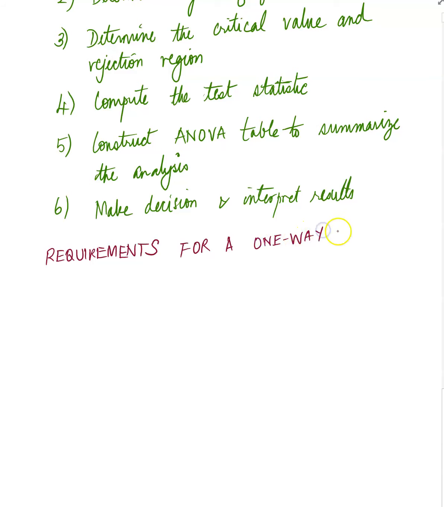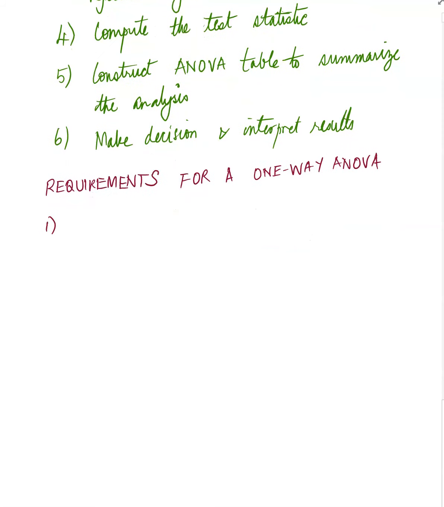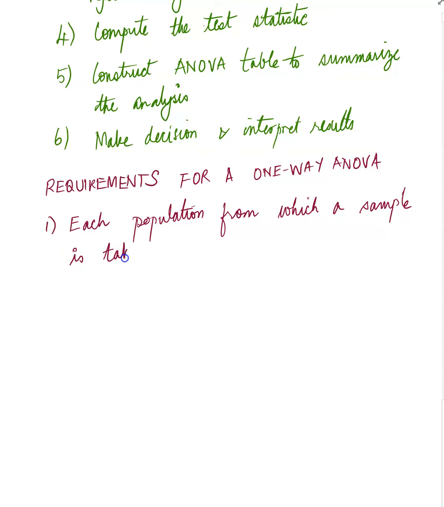First, each population from which a sample is taken is assumed to be normal. Then all samples are randomly selected and independent.